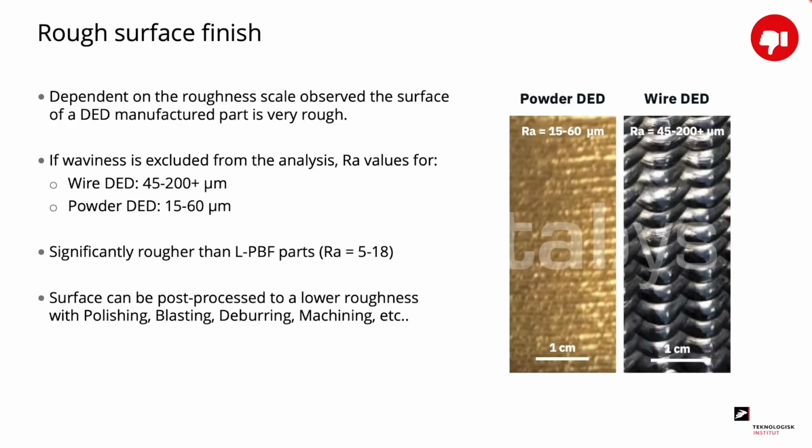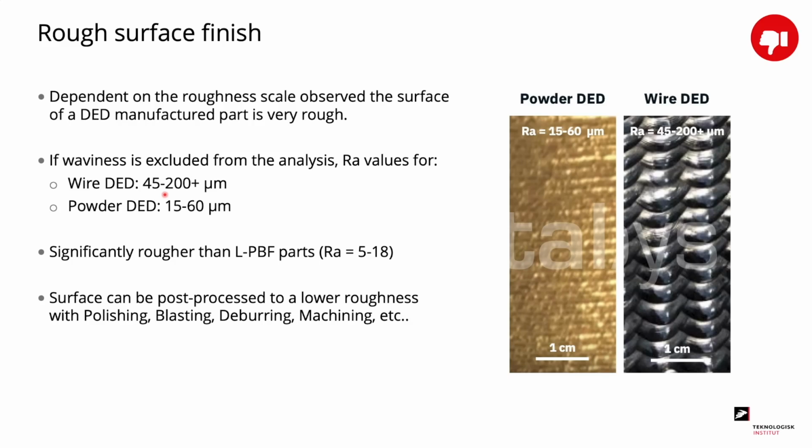One of the primary downsides of using either the lens process or the WAM process is the rough surface finish. Depending on the roughness scale observed, the surface of these parts is very rough. If waviness is excluded from the analysis, typical Ra values for the wire DED process, or WAM, are between 45 and over 200 micron.